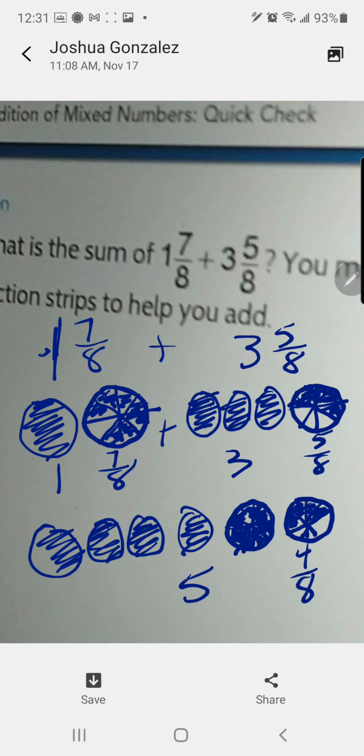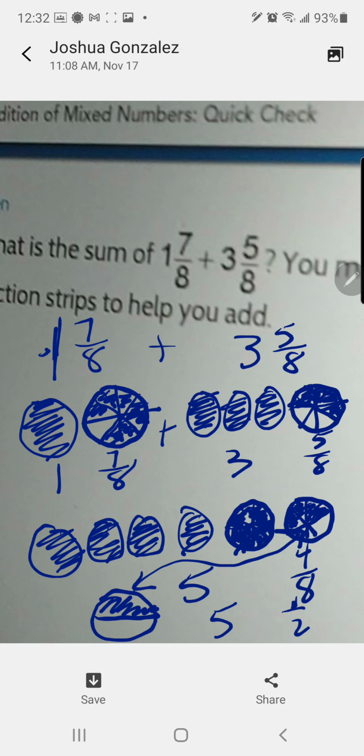And if you remember, that's what we had gotten as an answer, but we needed to simplify that down to 5 and 1/2. Why? Because 4 is half of 8. So it's the same thing as saying, let me make that circle over here. I would break this circle into a half. Isn't that half equal to this 4/8 over here, the area shaded? It is. All right, there you go, Josh. Hopefully that helped.